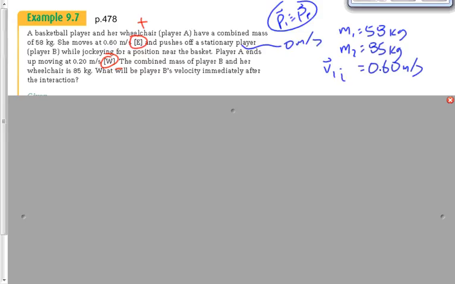What else we got here? We got a 0 meters per second. What's that? Velocity. Yeah. Good. It's object number 2, initial velocity. That's what Bryce was saying. Specifically as a given, right?